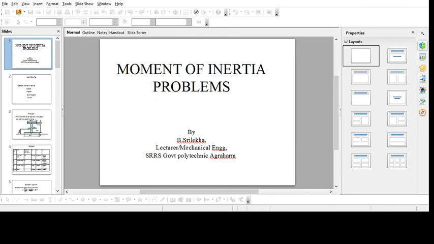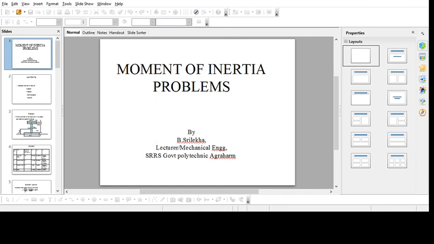Thereafter we'll find all the values. Next, Ix, the moment of inertia about the x-axis, is simply Ix1 plus Ix2 plus Ix3.